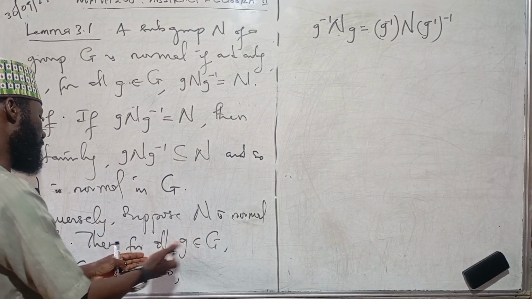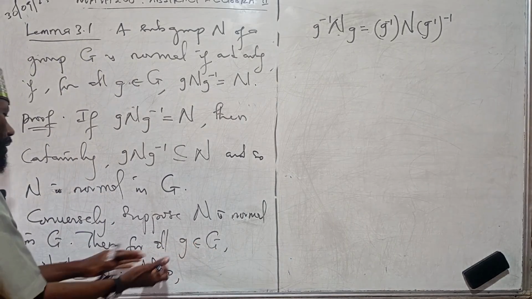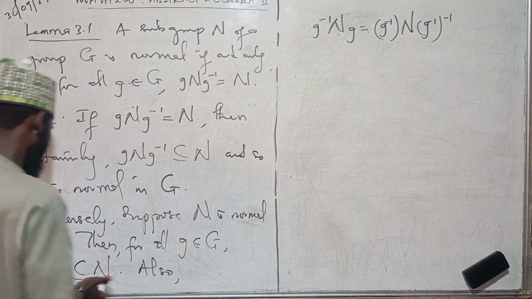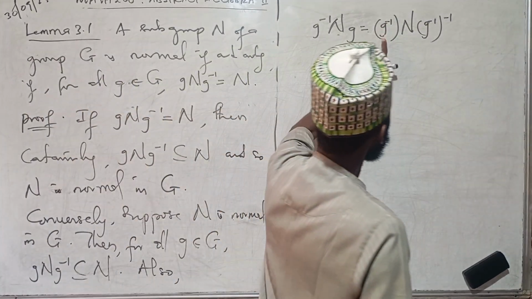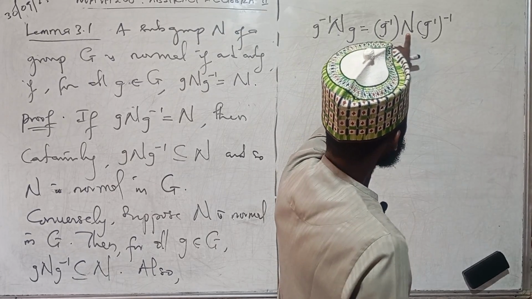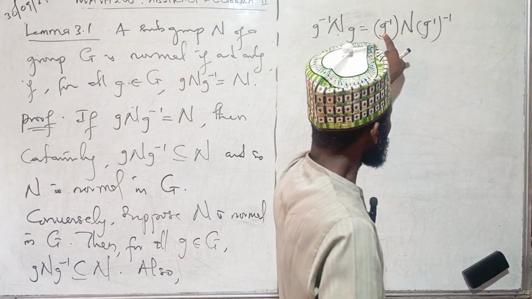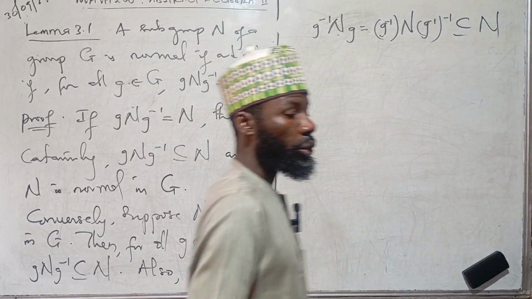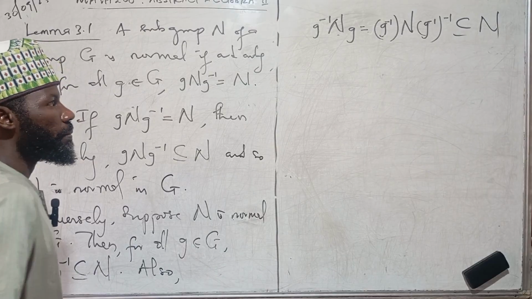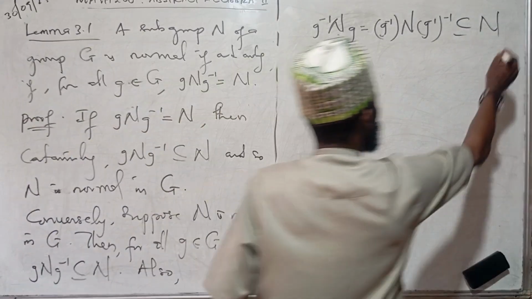The statement already holds for all g, so even if you pick the inverse of g, this inclusion will still hold. And what is this? It is just an element multiplied by n times the inverse of that element. So g inverse times n times g will still be in N, by the very definition of normality of N.